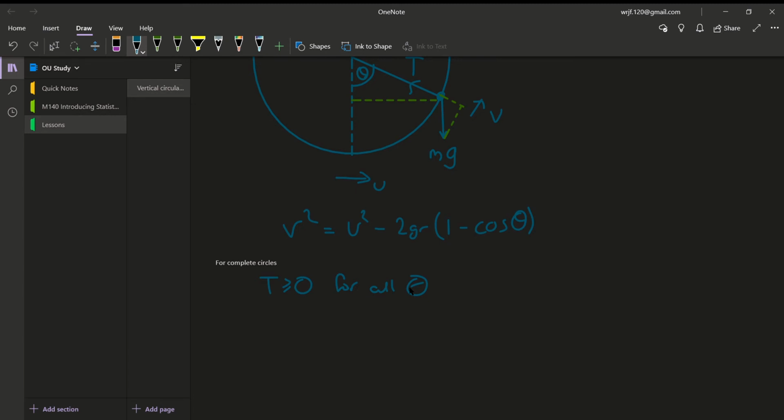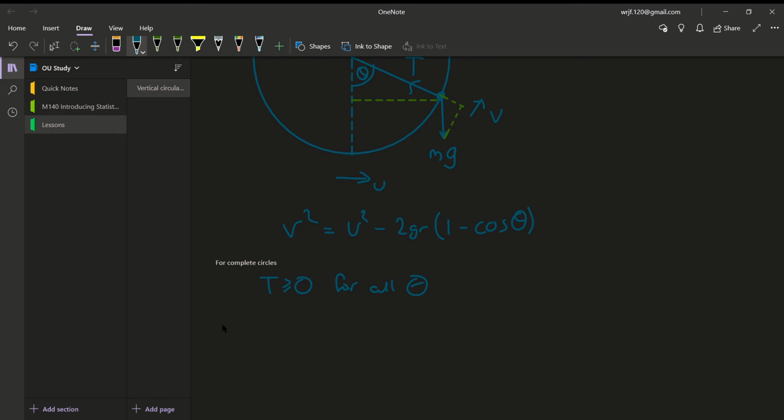We've got this way for calculating something about v squared at some point here, and then we can use this information combined with thinking about F equals ma in the direction of the radius.